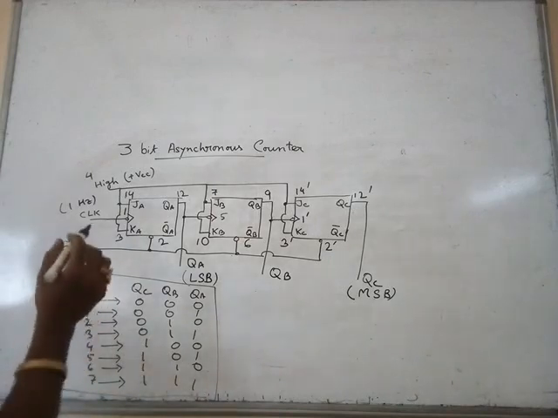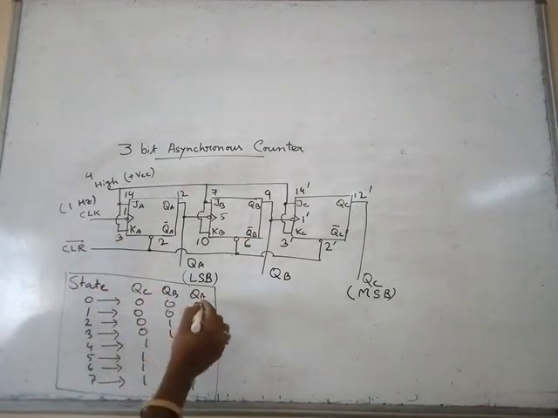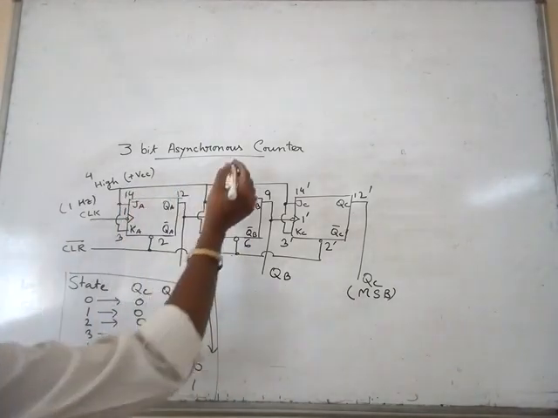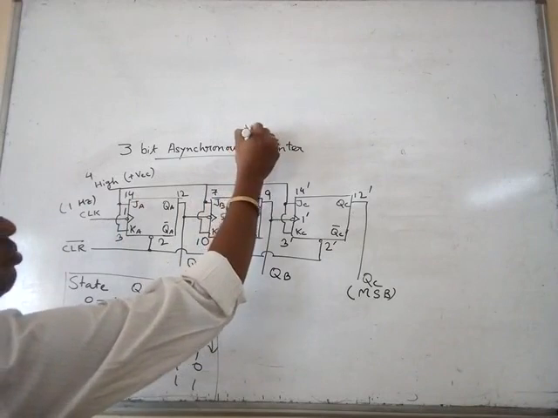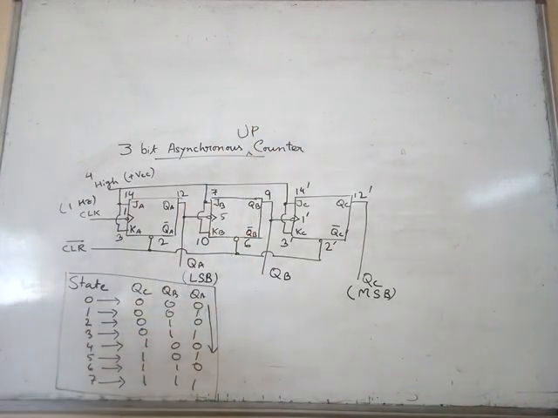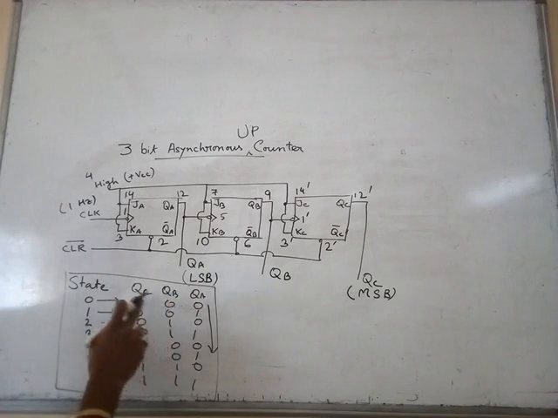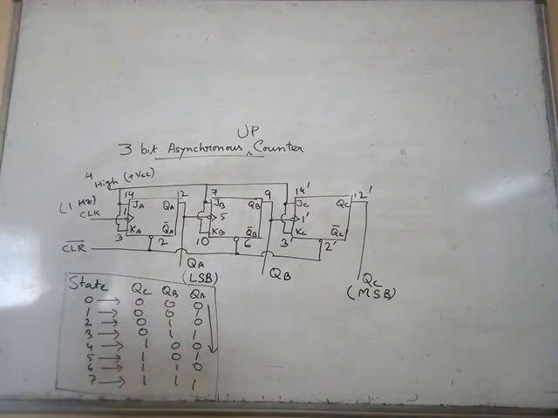So as it is a 3-bit asynchronous counter and it is going from 0 to 7, you can say that it is a 3-bit asynchronous up counter. So what you see on the kit is that the 3 LEDs of this output will be glowing simultaneously.